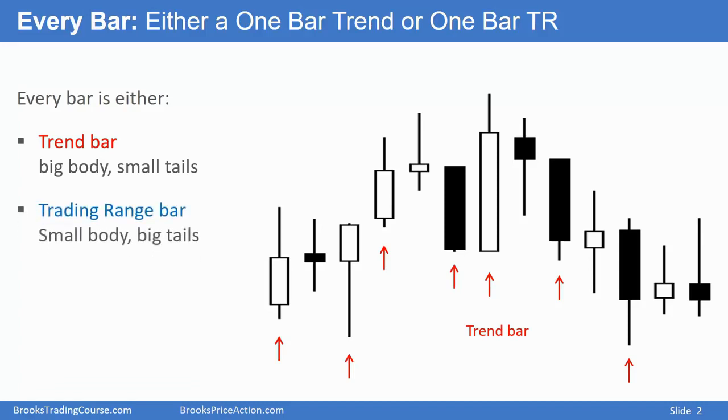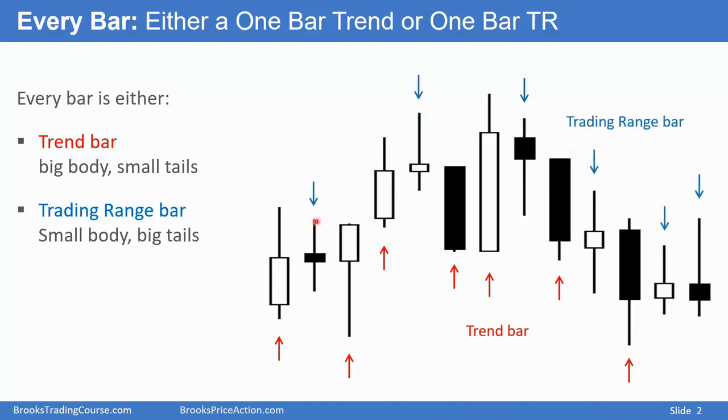So trading range bars like this, body is less than half the size of the bar. Some trading range bars have relatively big bodies compared to the size of the bar, but if the bar is small, I still call it a trading range bar. Other bars are extremely big, but have very small bodies. I call those trading range bars.